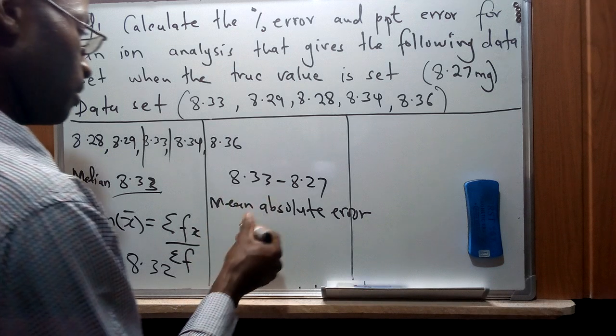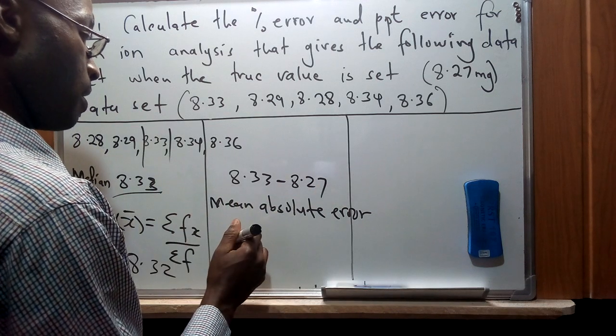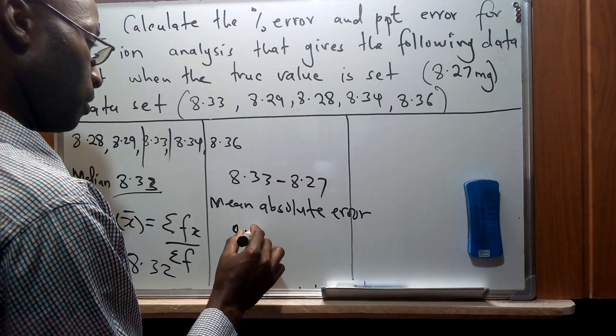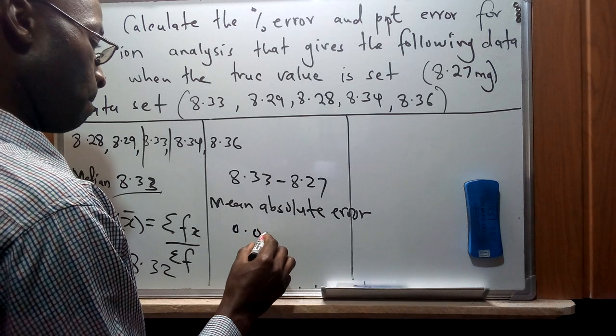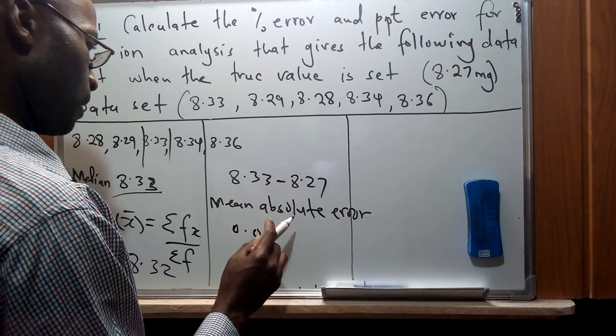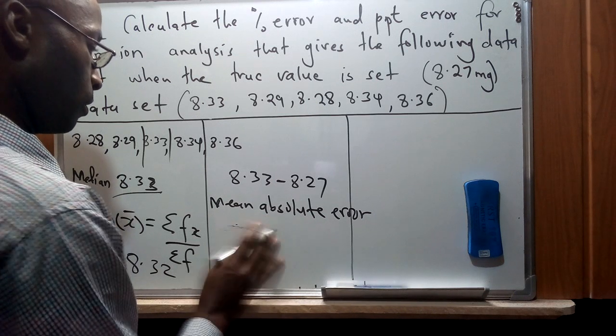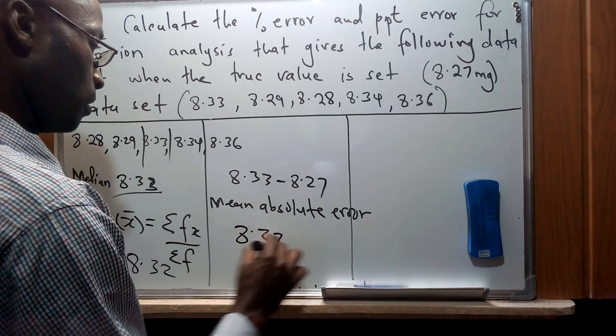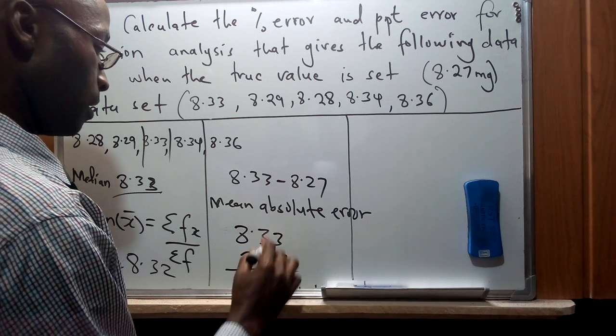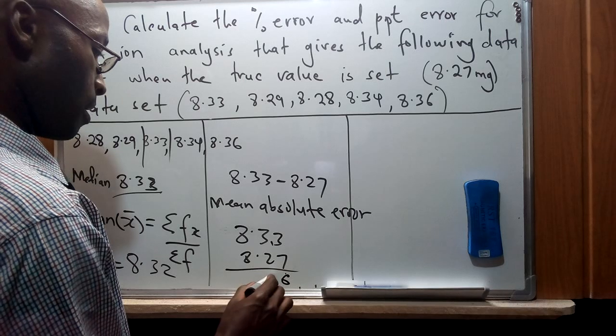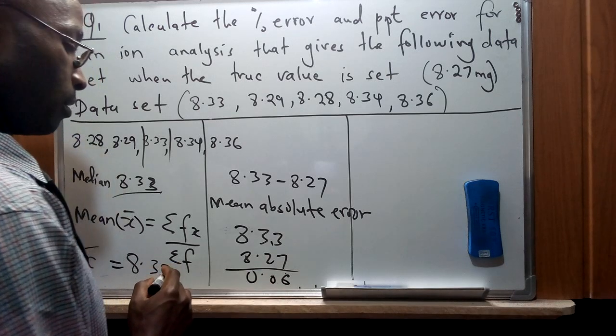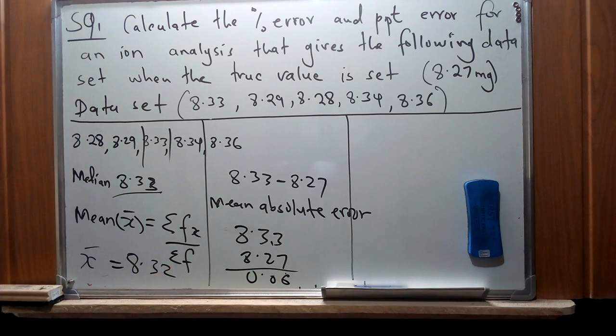This is just a subtraction of 8.33 and 8.27, which is 0.06. That is going to be the mean absolute value.